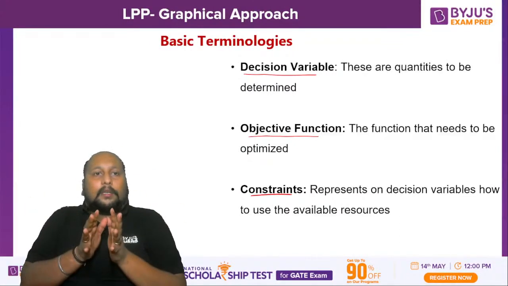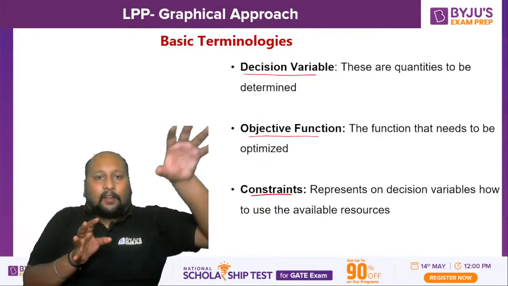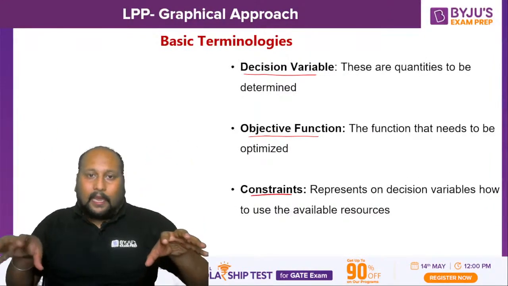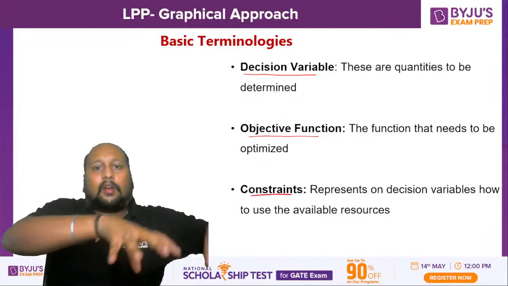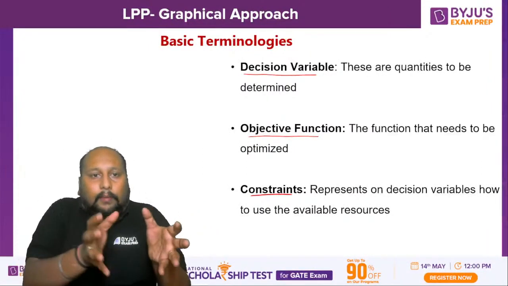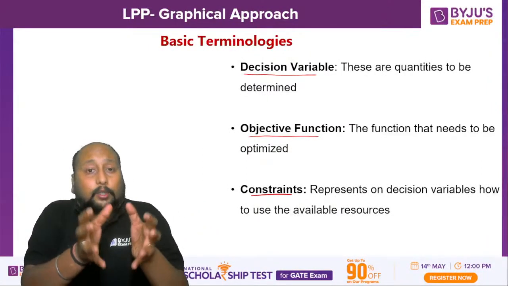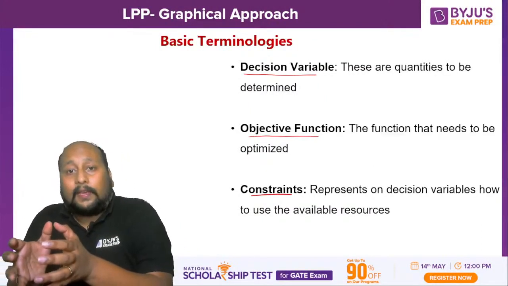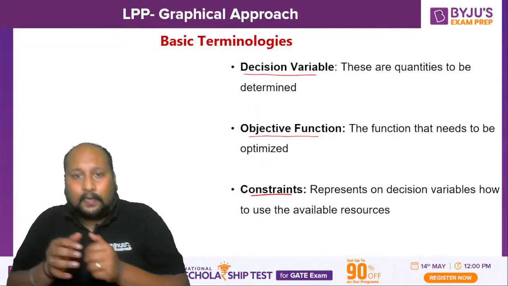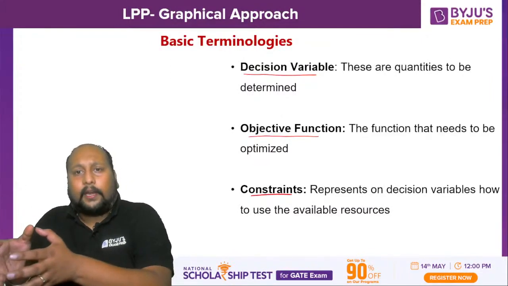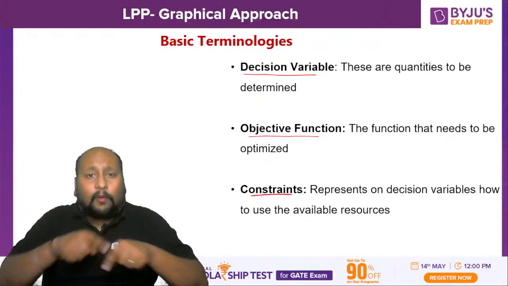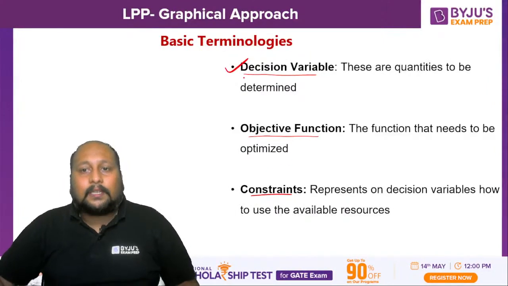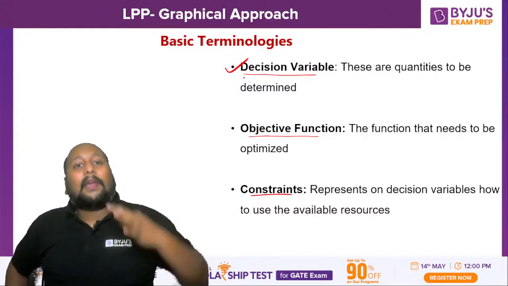Let us suppose we have a set of oranges and a set of apples as raw material, and we are making different categories of cake, right? So how much quantity of apple is required, or how much quantity of the second fruit, let's say mango, is required in order to get the maximum overall profit? So I can say the decision variables are basically the quantities that we need to calculate.